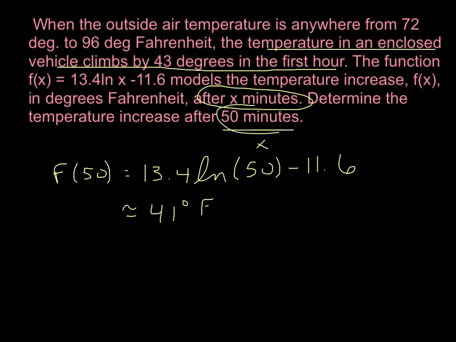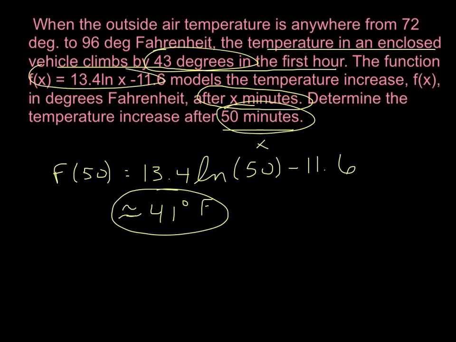Well, 50 minutes is just a little bit short of an hour, and you can see that our temperature of 41 degrees is just a little bit below what the measured degrees are of 43. Okay, so there's just a simple application, something that we think happens every day in the summertime when we get in the car, we know it's hotter. It can be modeled mathematically by a natural log function.